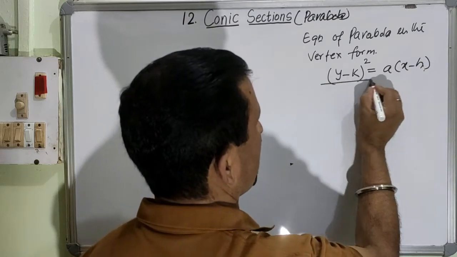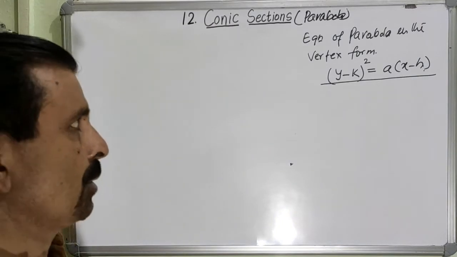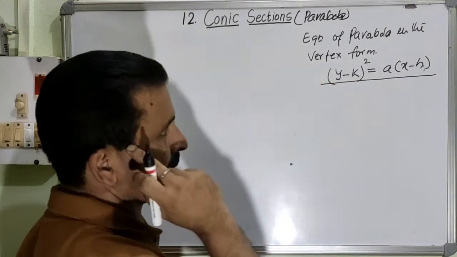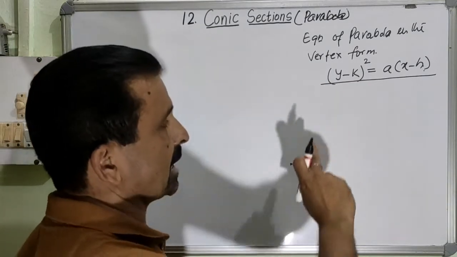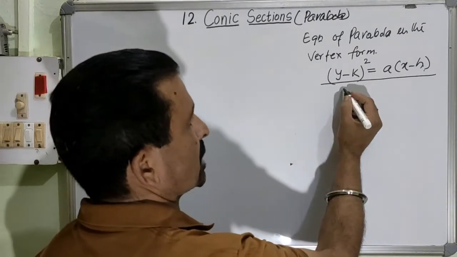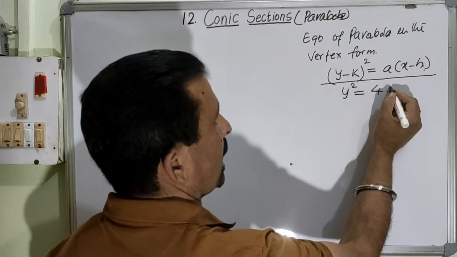This is the vertex form of the parabola, of the right-hand parabola type, where the equation was normally y square is equal to 4ax.